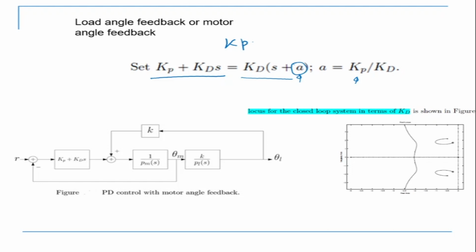Kp and Kd both are variables. So to reduce it, I'm reducing it to Kd into S plus A, and for different values of A, I can see what happens to Kd, and then I can keep varying Kd and see what happens. For example, I can put A equal to 1, put different values of Kd and see how it is behaving.